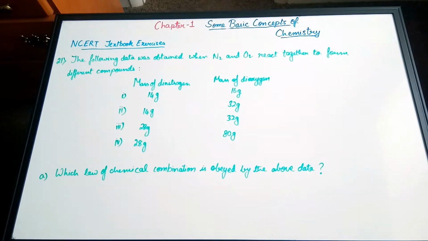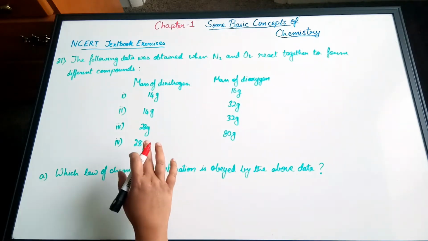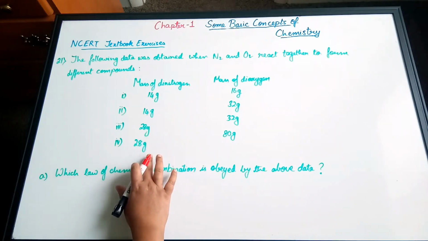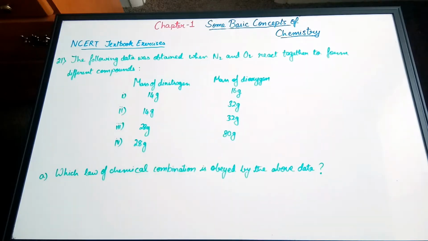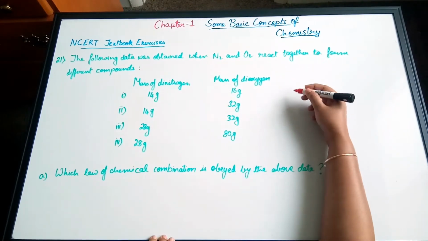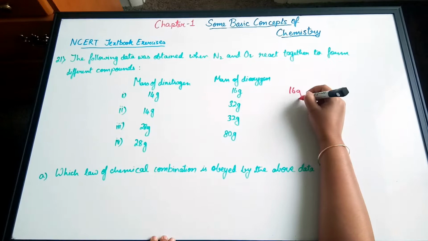So first of all, we will fix the mass of dinitrogen as 14. If we fix the mass of dinitrogen as 14, the mass of dioxygen becomes 16 grams.